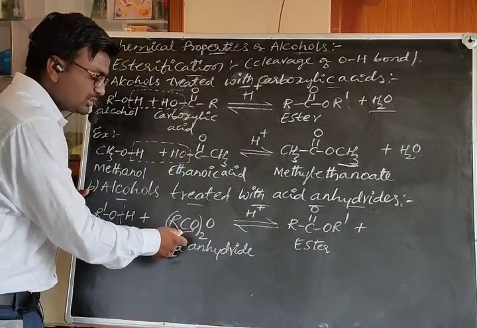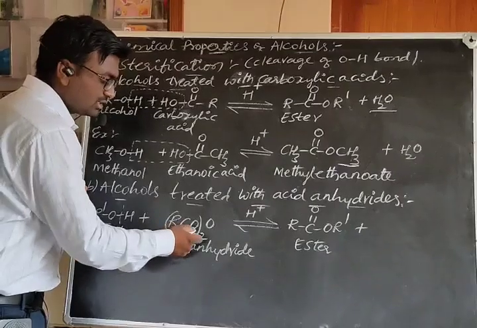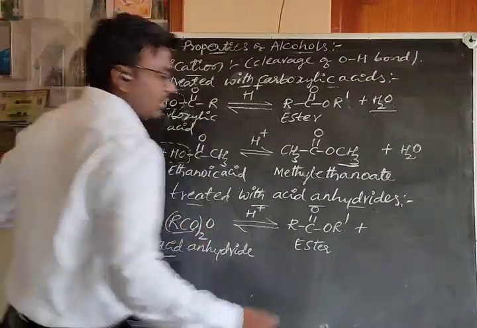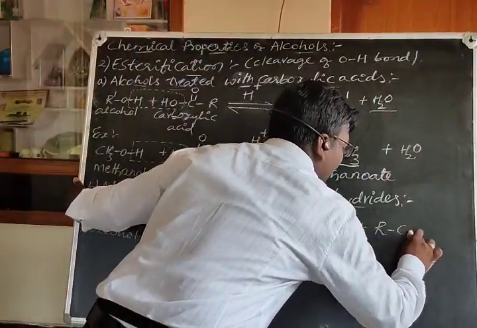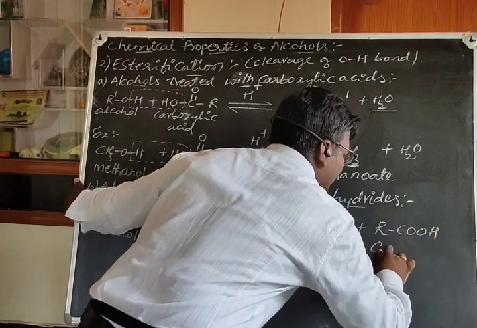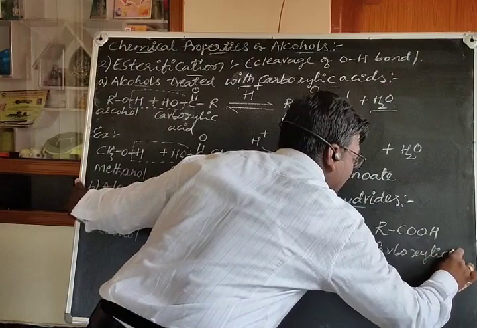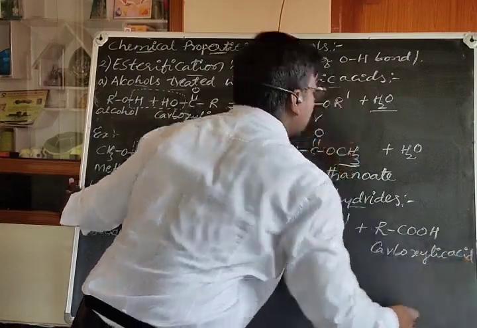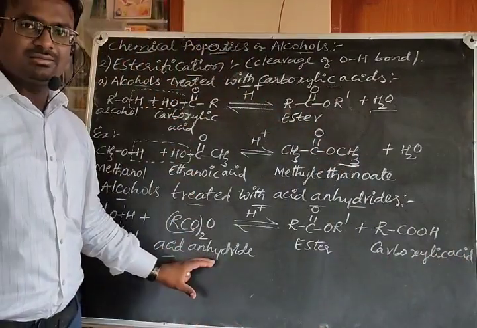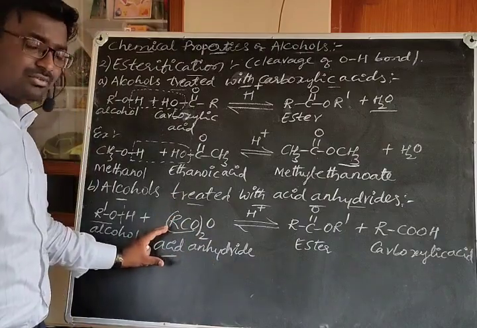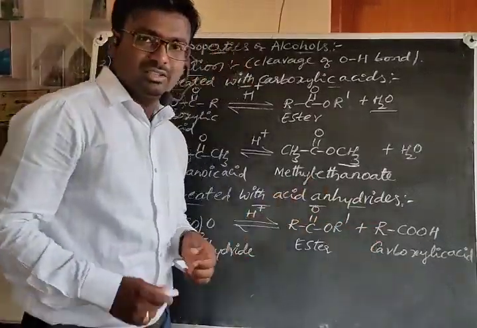One more RCO is present along with the O, so RCOOH comes out. What is this? Carboxylic acid. From these two methods, you are getting the esters. Here the reactants are different and the byproducts are different.